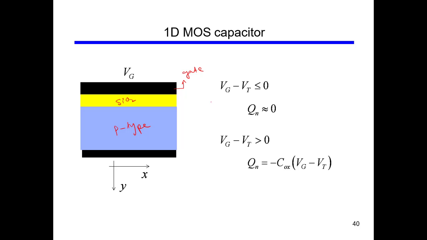We know very well that when Vg minus Vt is less than 0, so the voltage at the gate is less than the threshold voltage, in that case there is no channel and the transistor is off, so there is no charge in the channel.